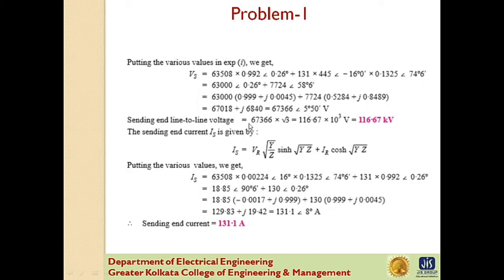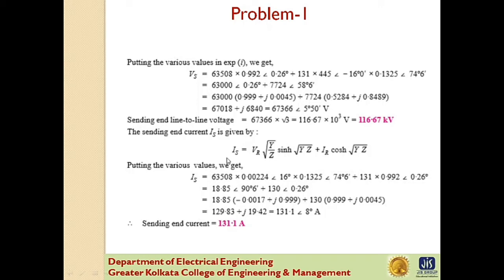On solving it, the value of Vs is 67,018 plus j6,840, which is equal to 67,366 angle 5 degree 50 minute volt. Now this is the phase voltage. To convert it to line voltage, we multiply this magnitude with root 3. So the final sending end line to line voltage is 116.67 kilovolt.